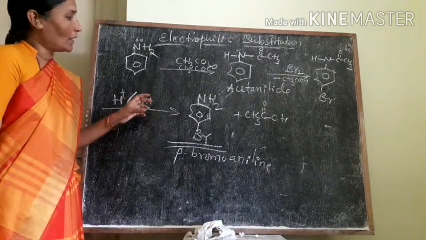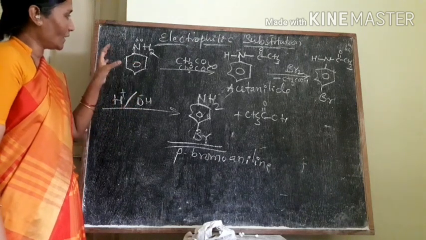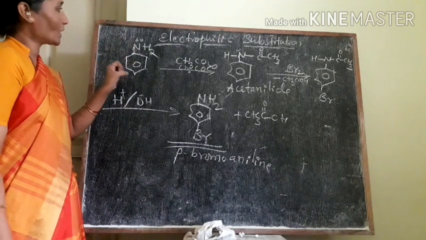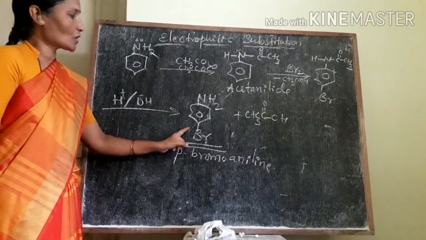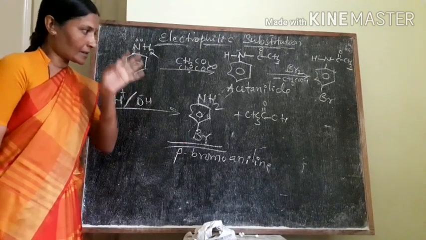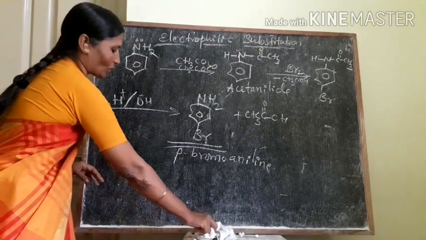So this is done by controlling the reactivity of aniline, the protonation character being reduced by acylation. Now only mono-substituted aromatic amines are formed. Similarly, this is halogenation or bromination.